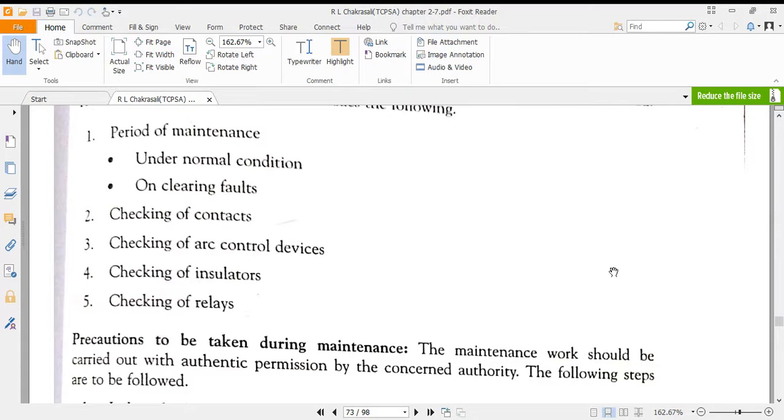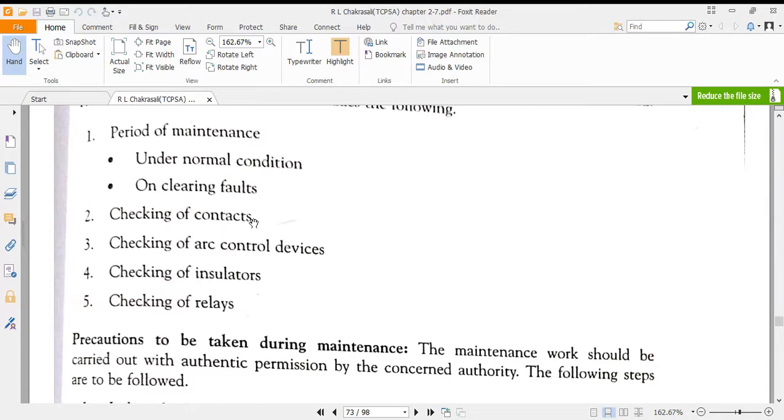The maintenance includes the following: period of maintenance under normal condition and on clearing faults. Immediately on clearing faults, we need to again check the circuit breakers for their okayness. Normal conditions means routine maintenance, maybe once in a week or once in a month, as per the importance of the circuit breaker where it is placed. Checking of the contacts is very important.